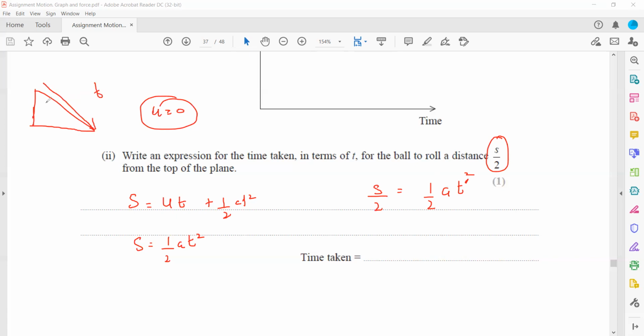But we want the time to cover half of the distance s by 2, so we call that t dash. So we can say s by 2 is equal to half a t dash square. Now we'll solve this.